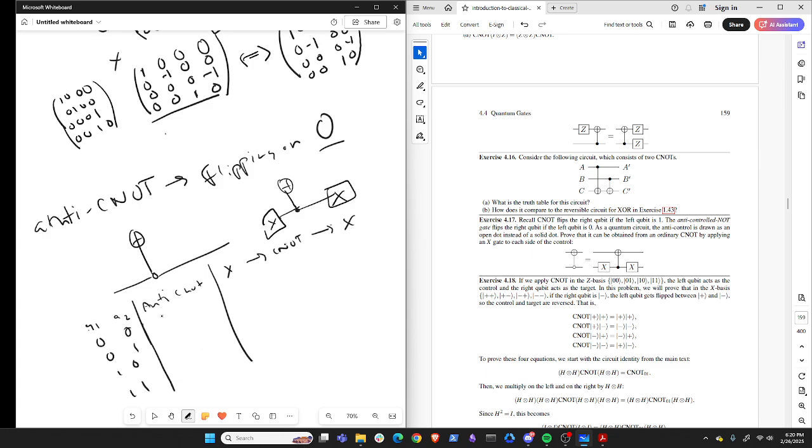So the anti-control would turn this into 0 and 1. Let's say the left one is the control, the right one is the target, and this would turn it into 0, 0. No effect with the anti-control here because our left is 1.